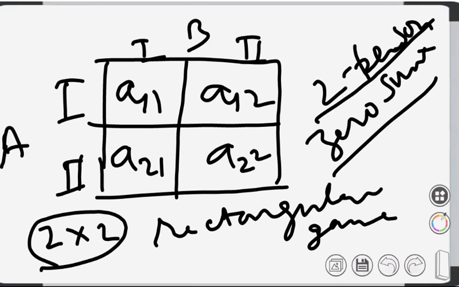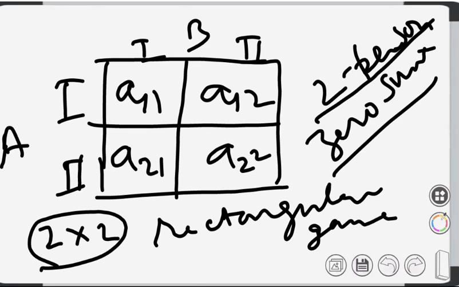And why is it a zero sum game? Because the amount of money that will be given by A to B or B to A, the sum remains unchanged, because the gain of A is equal to the loss of player B. As I said in the last class, if both of them start with 100 rupees and after the game is over A has 150 rupees and B has 50 rupees, their sum still remains 200.